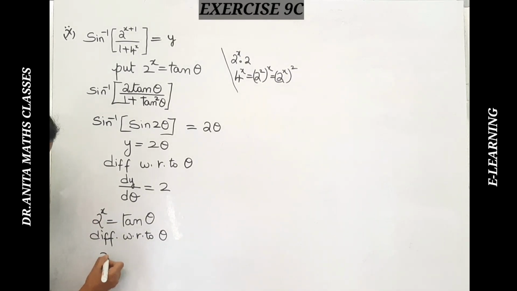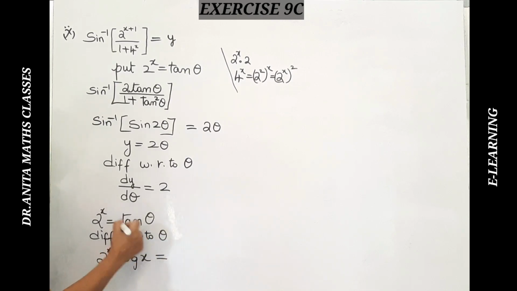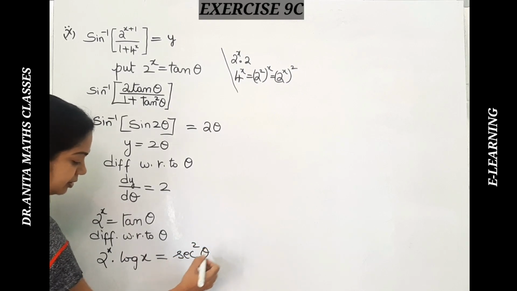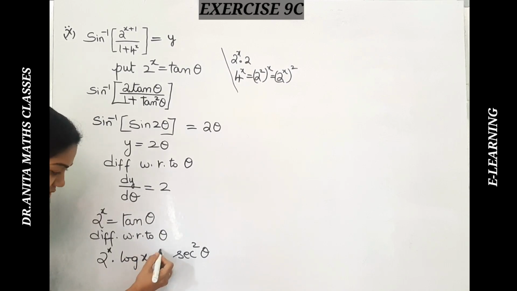The same thing, so 2 raised to the power of x log 2 is equal to the differentiation of tan theta, which is secant square theta. Now we are doing differentiation with respect to theta, but this function is in x. So again chain rule, dx by d theta we get.